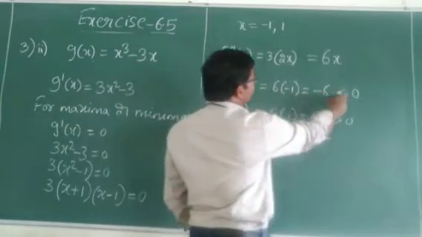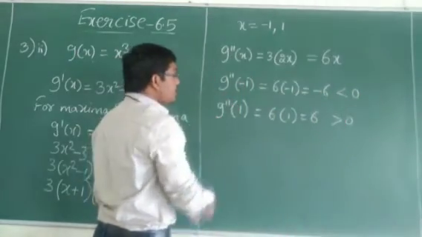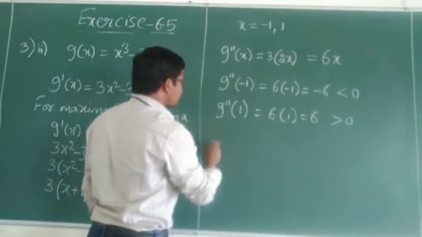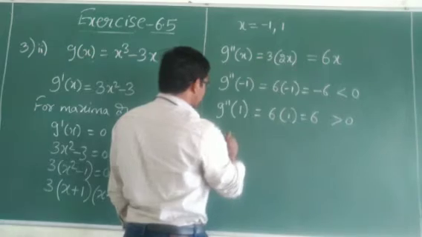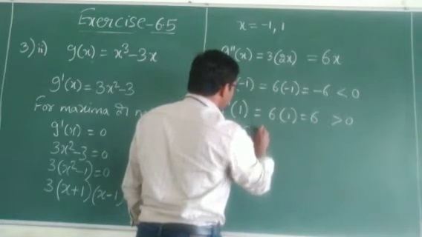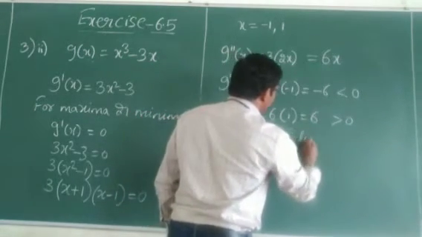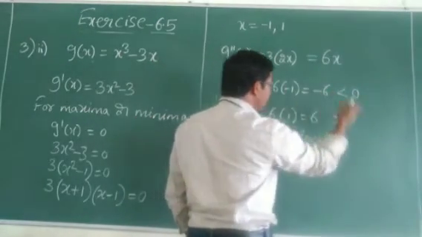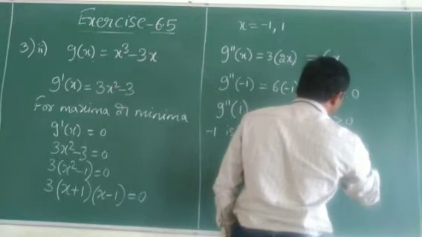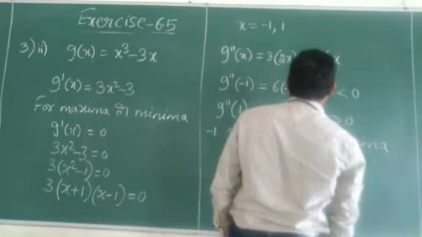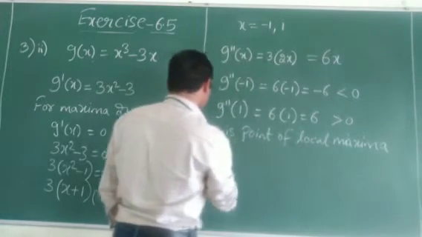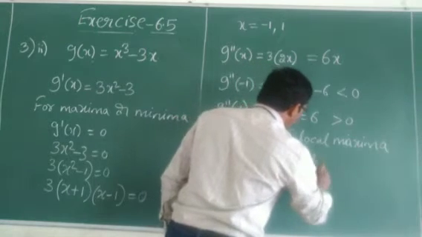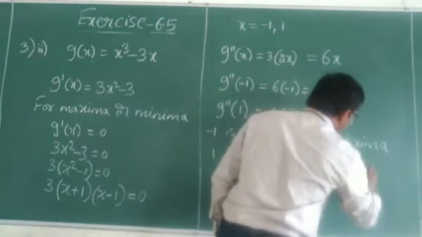So the second derivative is less than 0 at -1 and greater than 0 at +1. Less than 0 means it is a maximum, so -1 is a point of local maxima, and 1 is a point of local minima.